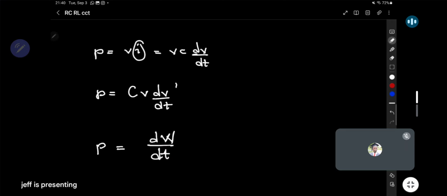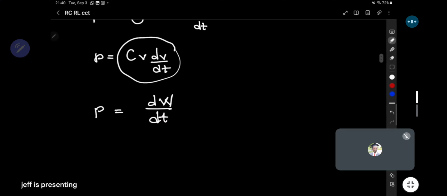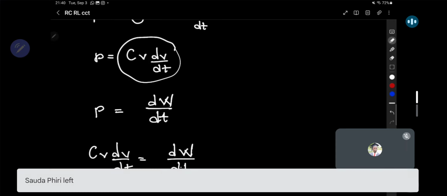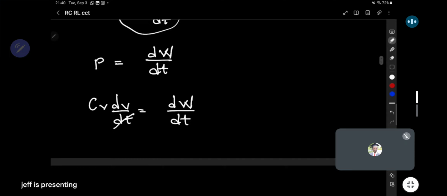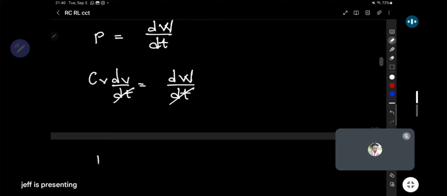But we know power can be obtained as this, so that now we can view this as C V dV/dt equal to the rate of change of work with respect to time. Let's get the rate of change of work. Here the dt can be seen to come out from this expression, so that now we have the work done being equal to C V dV.